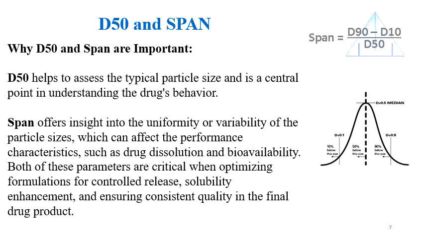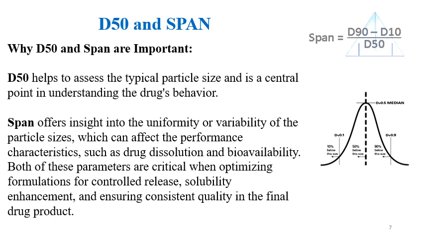D50 and span are both very important for PSD. D50 helps to assess the typical particle size and is a central point in understanding the drug's behavior. Span offers insight into the uniformity or variability of the particle sizes, which can affect performance characteristics such as drug dissolution and bioavailability.